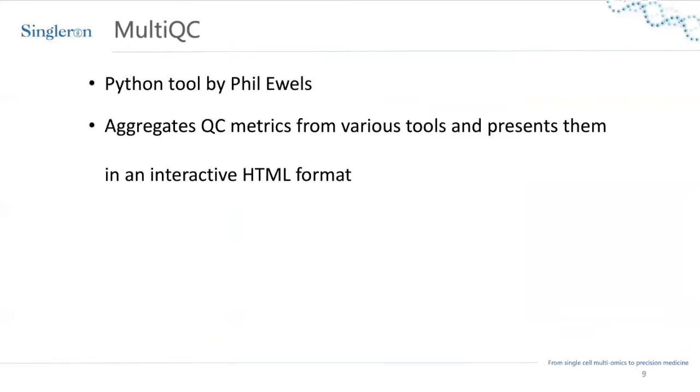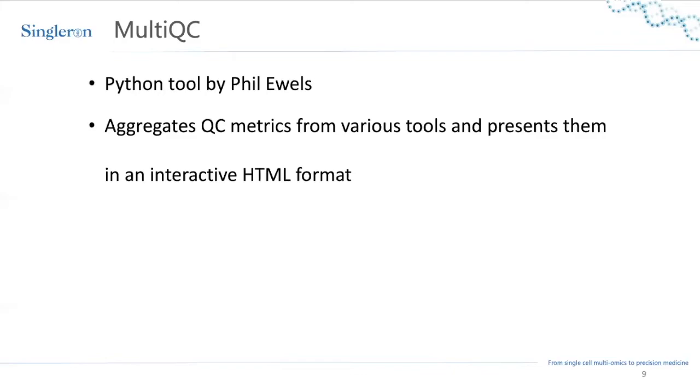Another tool I would like to highlight is a nice one. It's written in Python by Phil Ewels. It's called MultiQC. It aggregates all the quality control data that's been generated by all your tools.